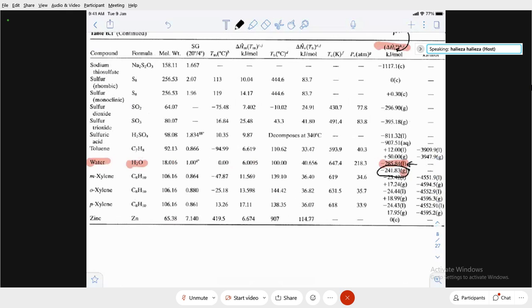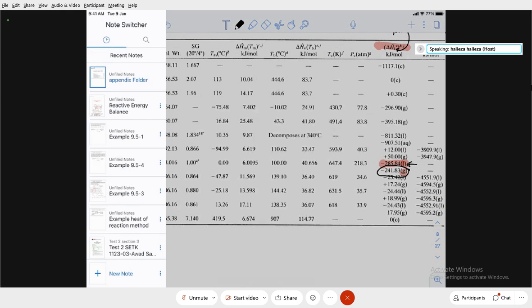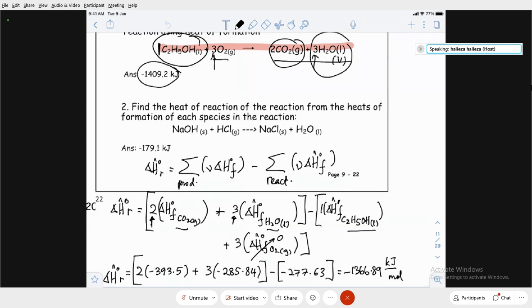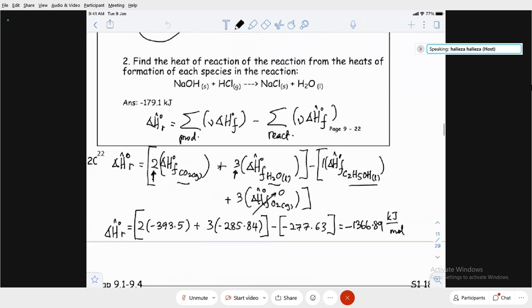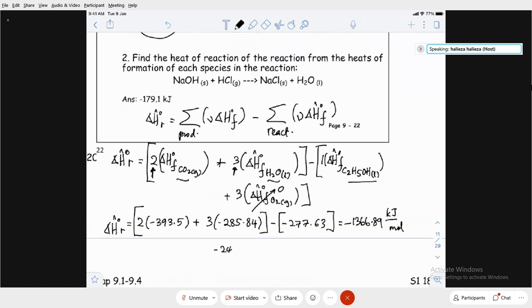Okay, 241.83. So if we substitute over here negative 241.83, you think that will make it? No? I don't think so.